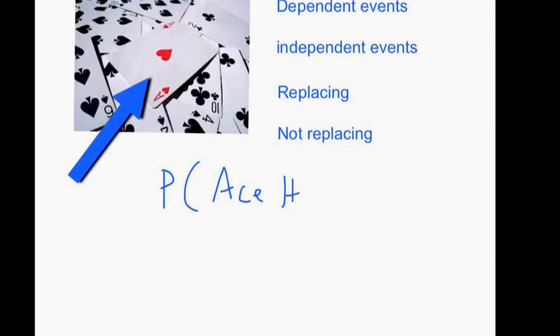Well, if it is simply one deck, there is simply one ace of hearts. If you do pull it out, and you don't replace it, the probability of getting ace of hearts is now 0. Beforehand with one deck, the probability is just 1 out of 52.